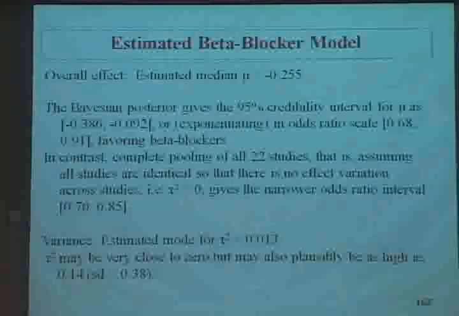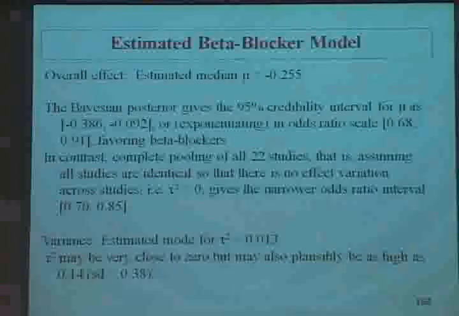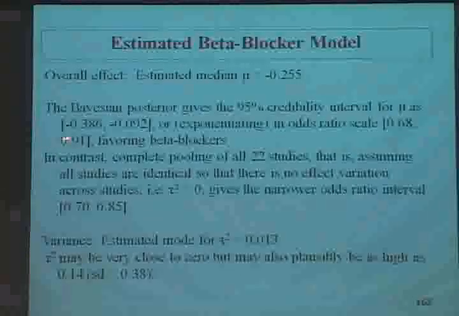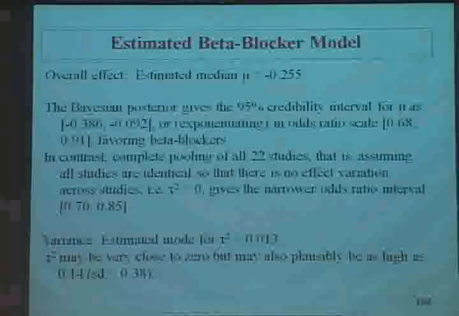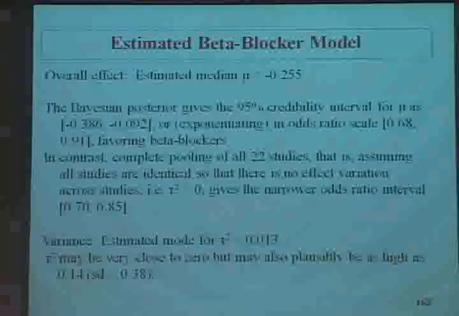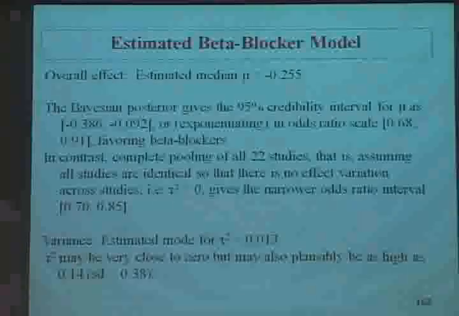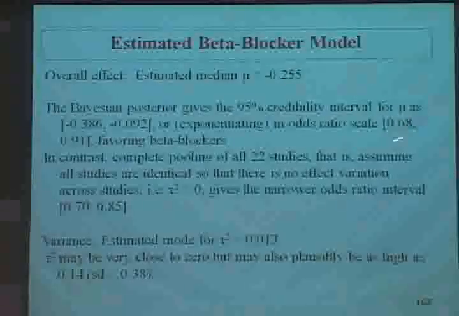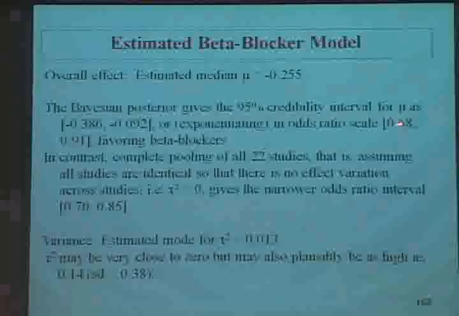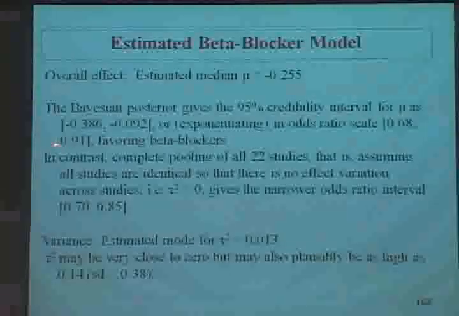The odds ratio is less than 1. It doesn't cover 1 here, and therefore it favors the beta blockers. So maybe not a strong effect, but the lower endpoint of that credibility interval would indicate a fairly strong effect, but an important effect probably, nevertheless.